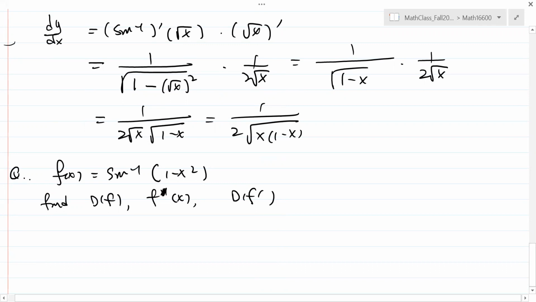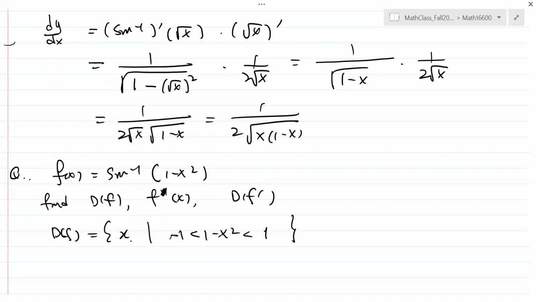Now you're talking about the inverse, so the domain of the inverse should be the range of the original sine function. That means 1 minus x squared is between negative 1 and positive 1. This is not an angle, it's not between negative pi over 2 and pi over 2. So you have to solve this inequality.